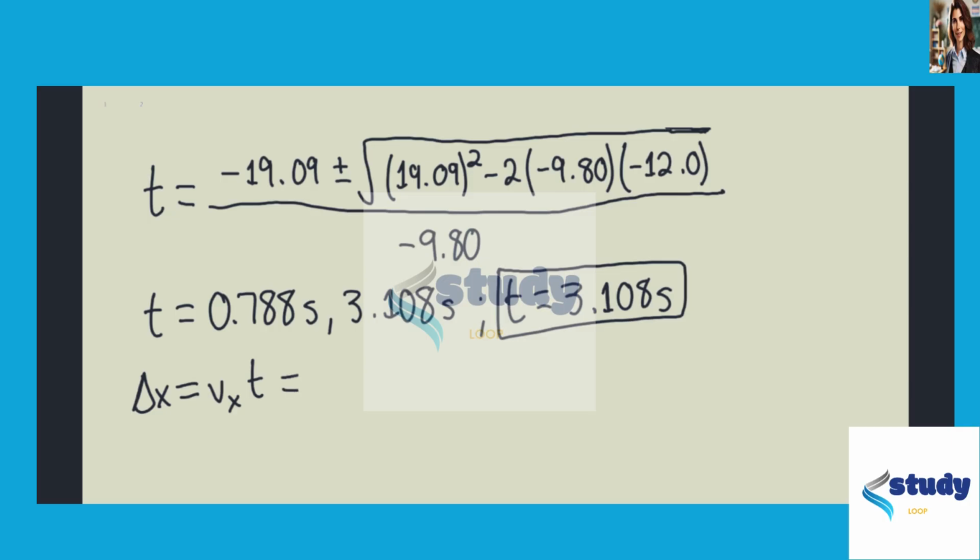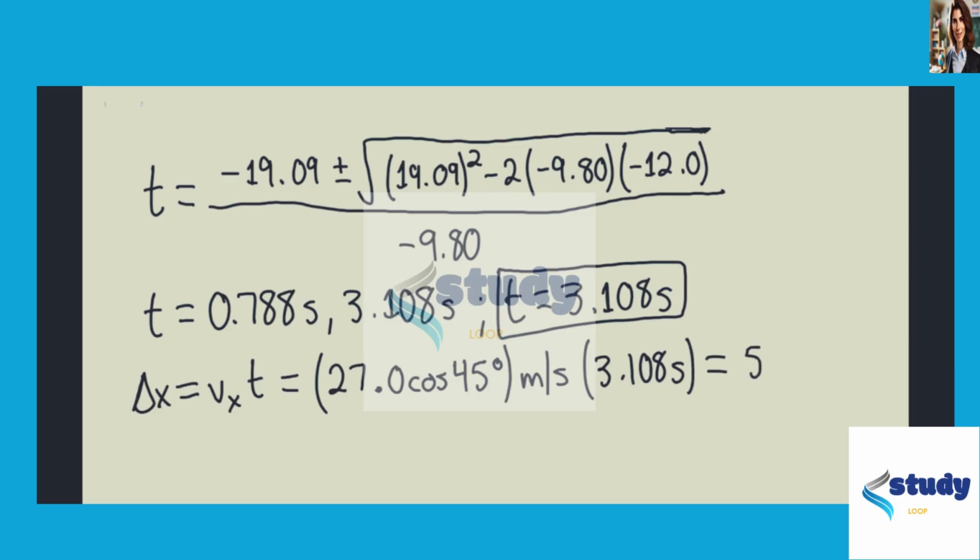So this would be equal to 27.0 cosine of 45 degrees, so that would be the initial and final velocity in the x direction, again, meters per second, multiplied by 3.108 seconds. And our total x displacement would be 59.3 meters. You have to round to 3 significant figures. And this is our final solution.